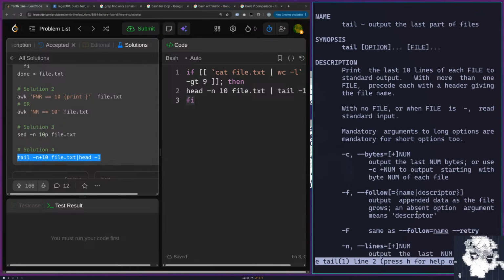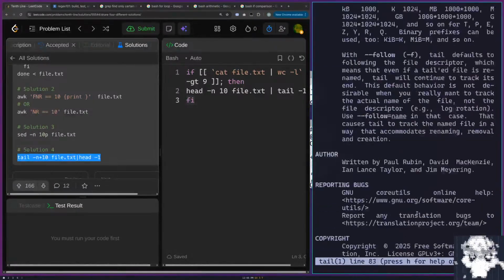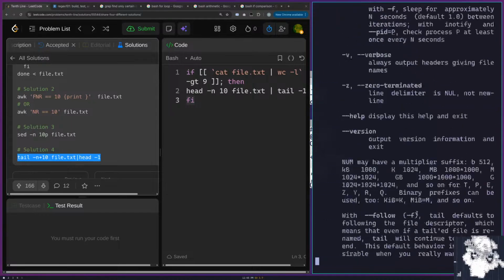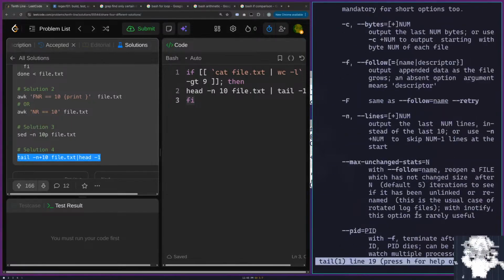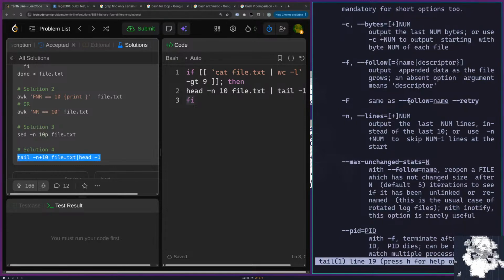Man tail. It's not in the man file. Oh, it is here. Output the last num lines instead of the last 10, or use -n +num to skip.